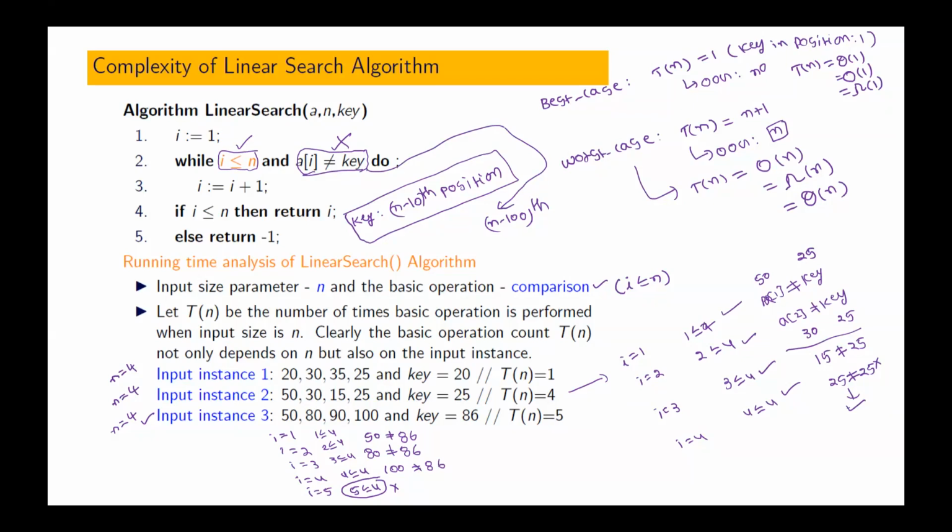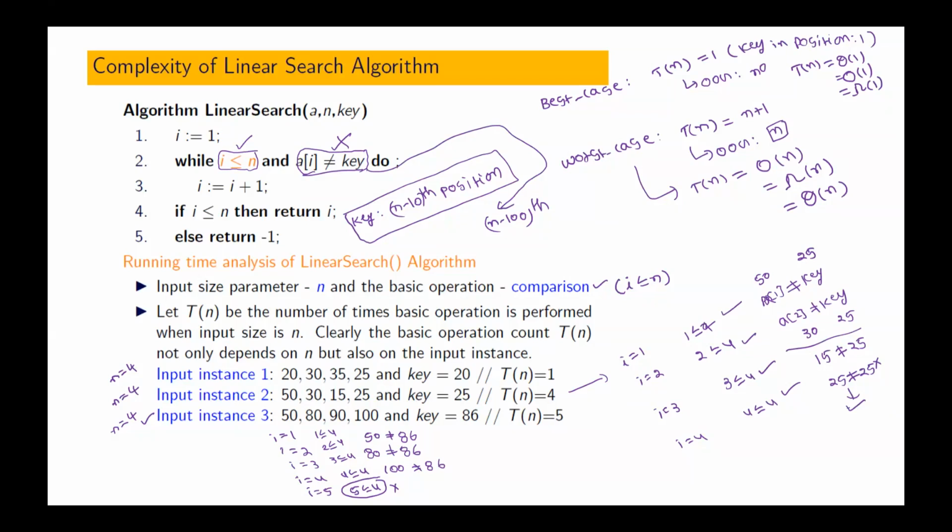N minus 100 times only, no? What is its order of growth? It is n. It is the same as the worst case. Is that okay? Is there any confusion?